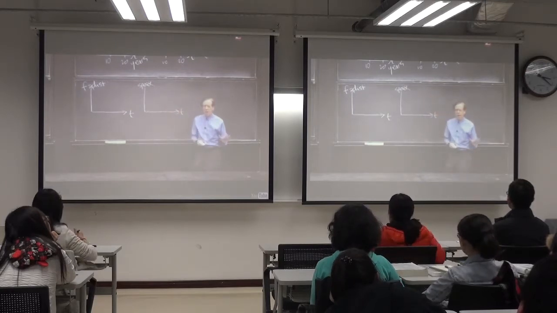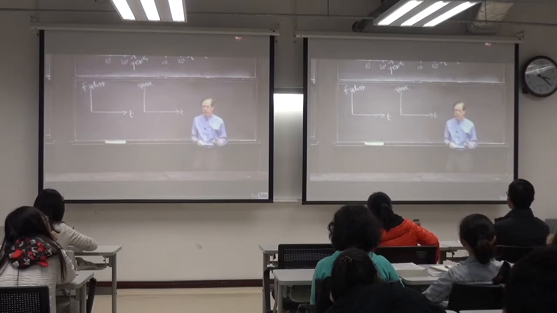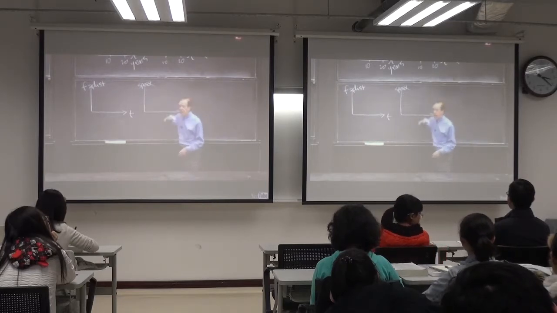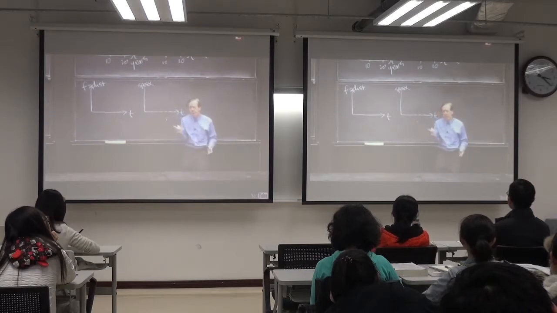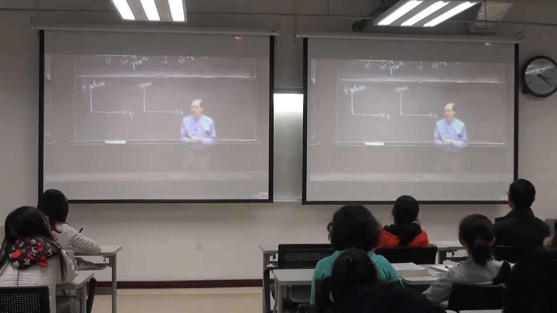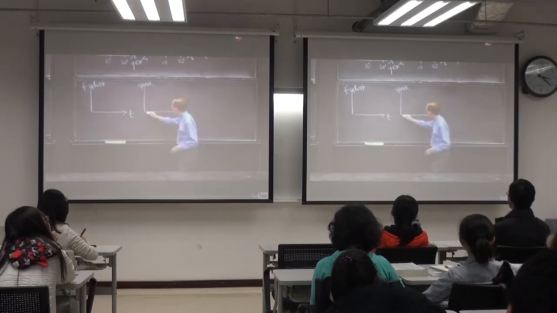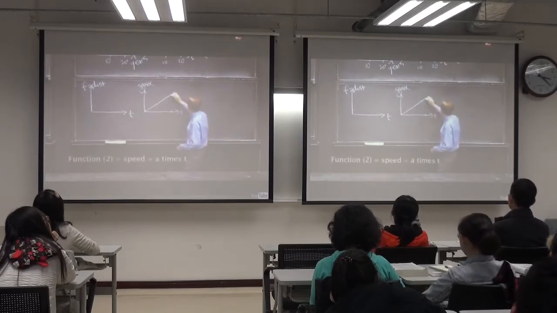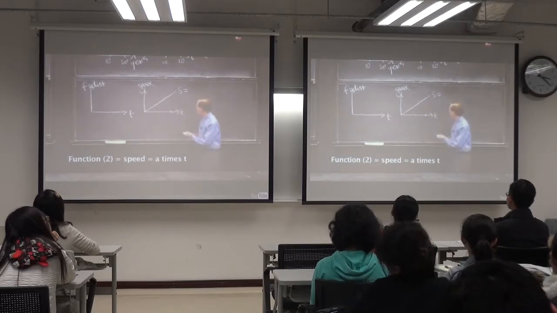And I'm going to take a case in which it's given by a formula. I'm going to let the speed be increasing steadily. So my speed graph this time is going to go up at a constant rate. So this is the speed S. This is the time t. So S is proportional to t.